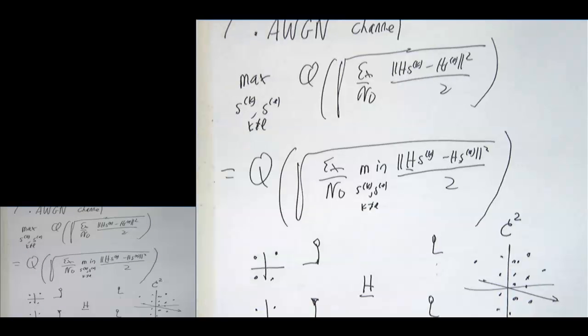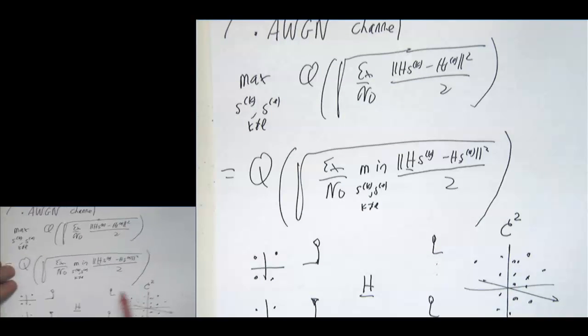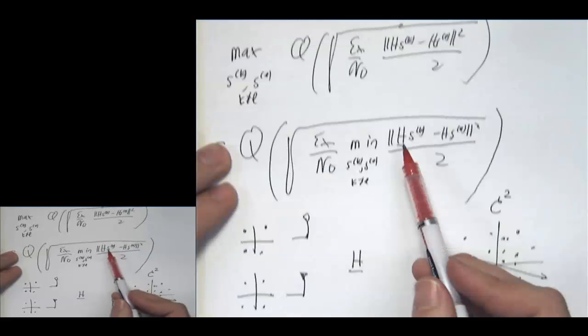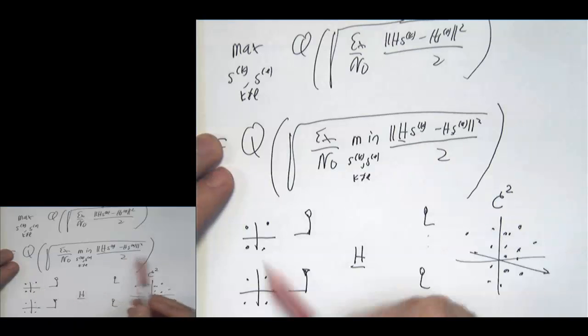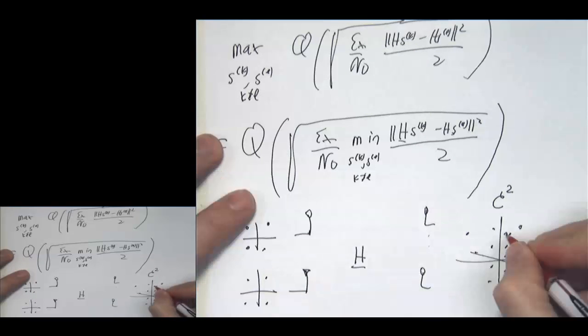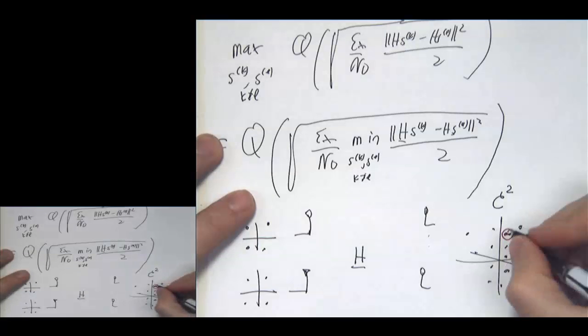And so what you'd have to do to find this minimum distance here is, in a very basic way, you enumerate all possible products of h times these different vectors here, and then find the ones that are closest together. Say, for example, these two here. And so then this would give me that minimum distance here.